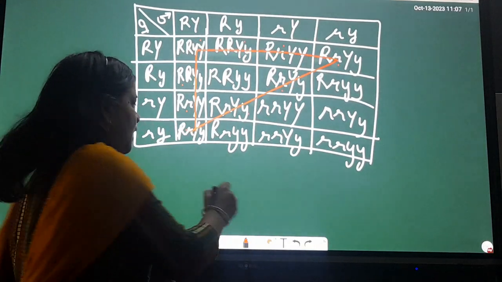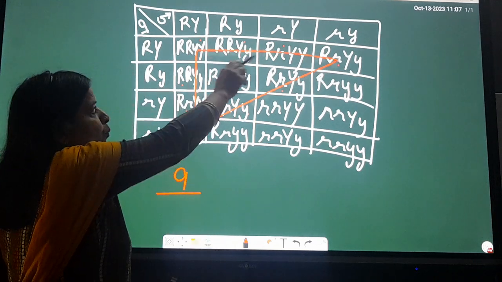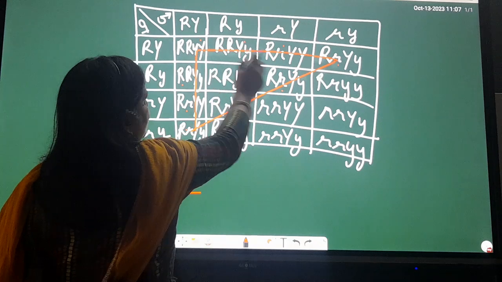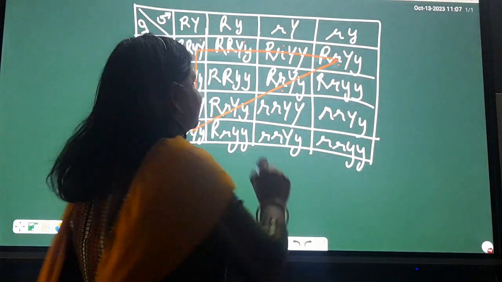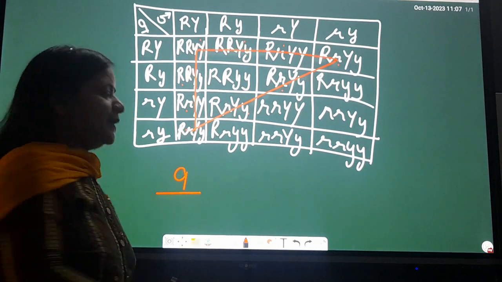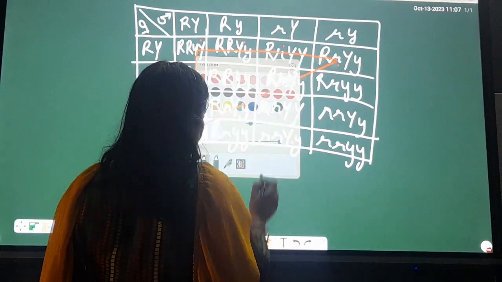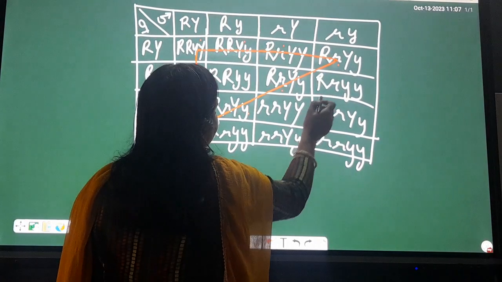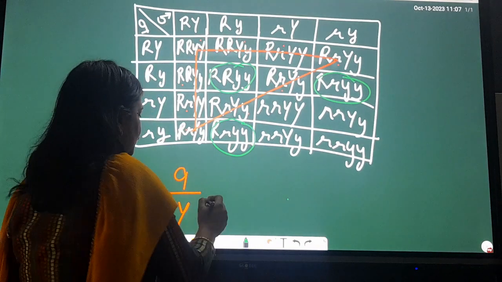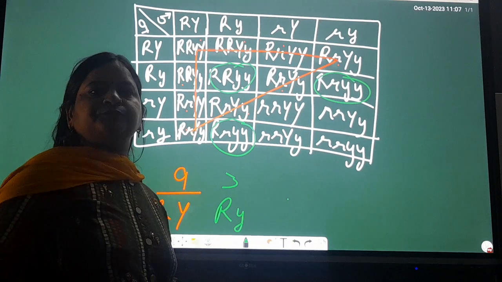These 9 all have both dominant traits, with capital R and capital Y present in all these 9. Here in these 3, only capital R is present and small y is present.